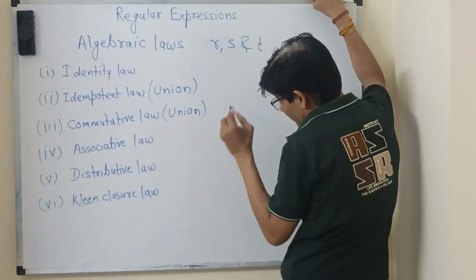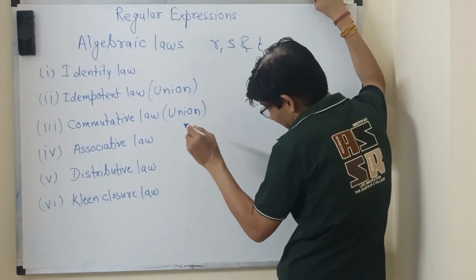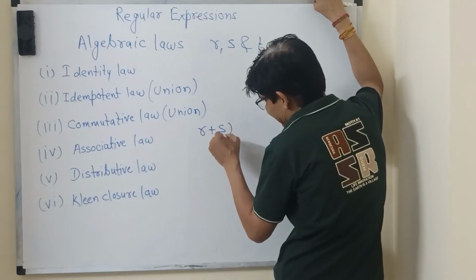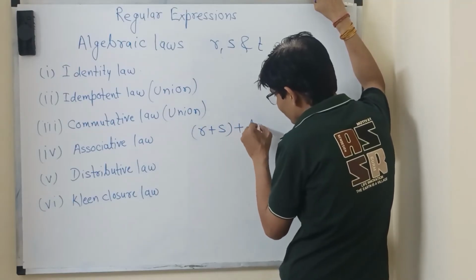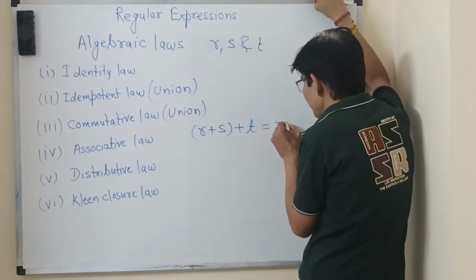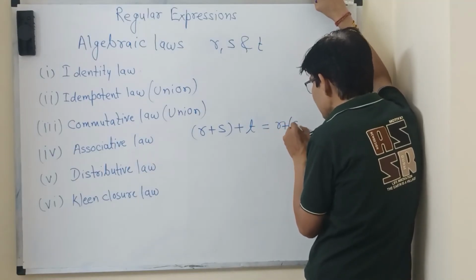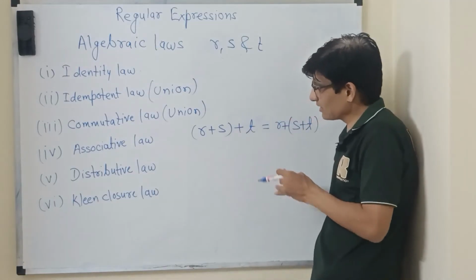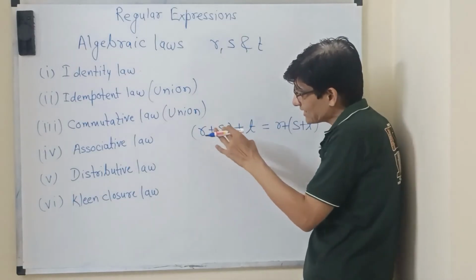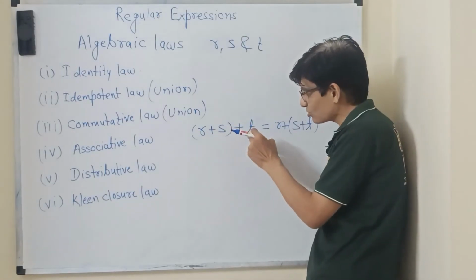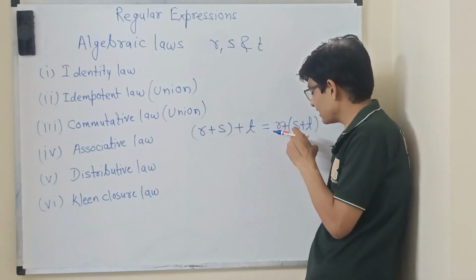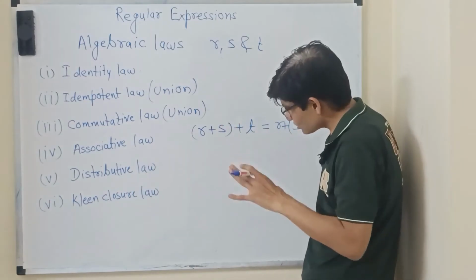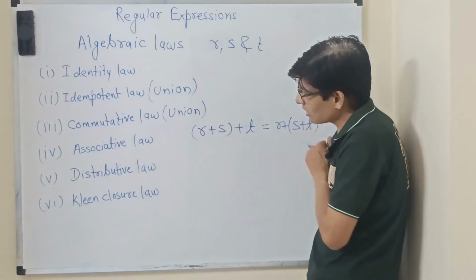For union, we can write R plus S, plus T, equals R plus S plus T. In both cases we have three choices: we can select R, S, or T. So these two are equal, which means the associative law is true for the union operation.